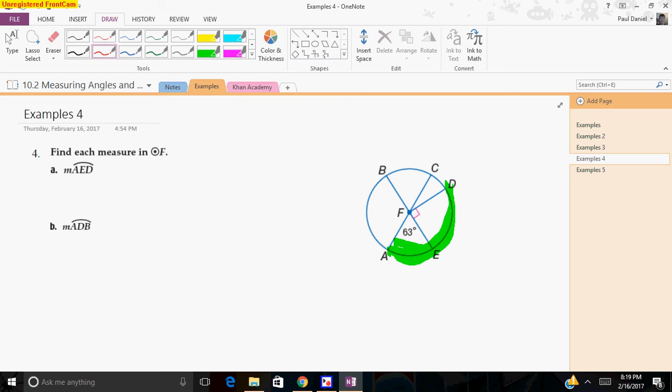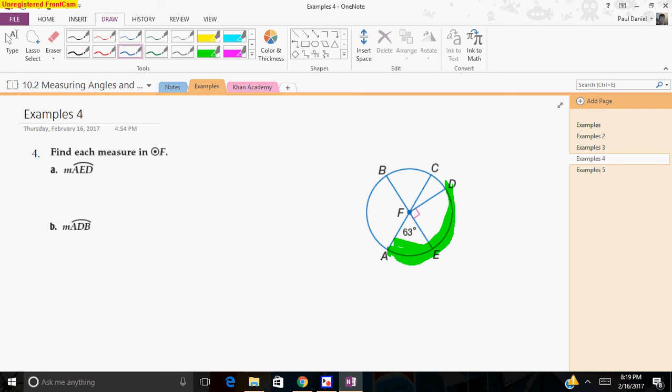So just because you see 3 letters doesn't mean you should automatically say it's a major arc. Alright, they want me to find the measurement of this one. So let's look at the angles that make it up. Yep, the angles that make it up are 63 degrees and 90 degrees.